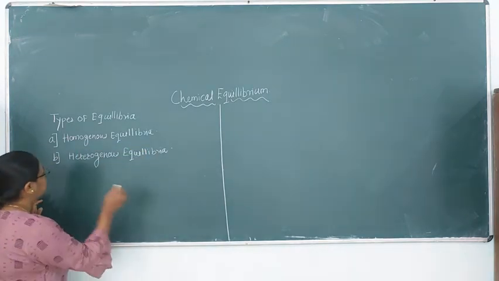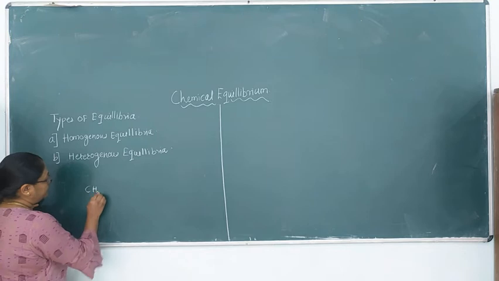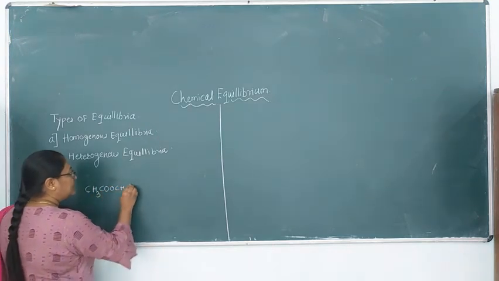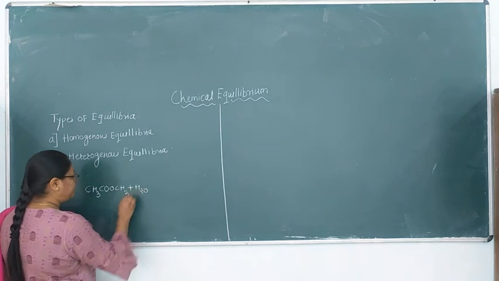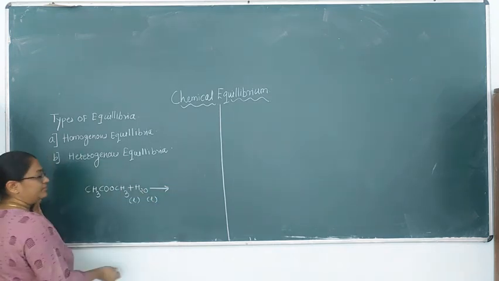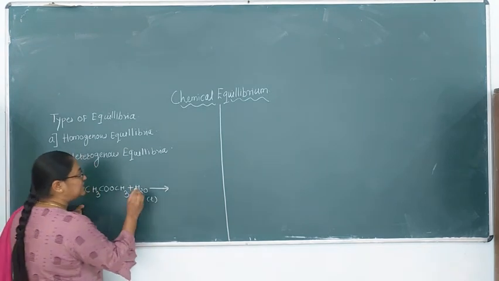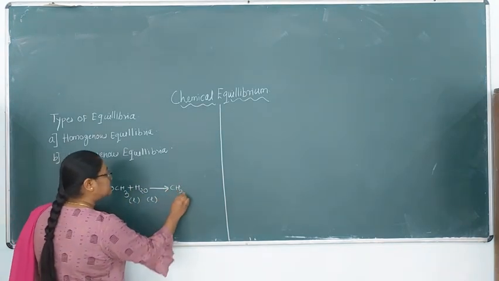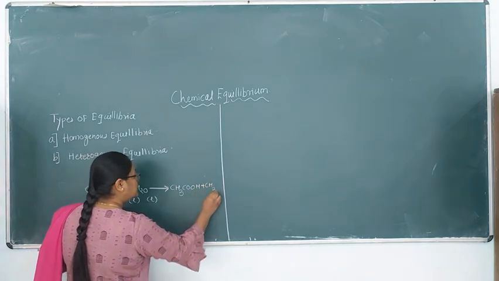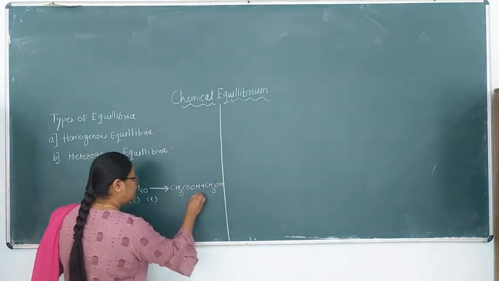The example of this is the hydrolysis of methyl acetate, which on hydrolysis gives acetic acid plus alcohol.